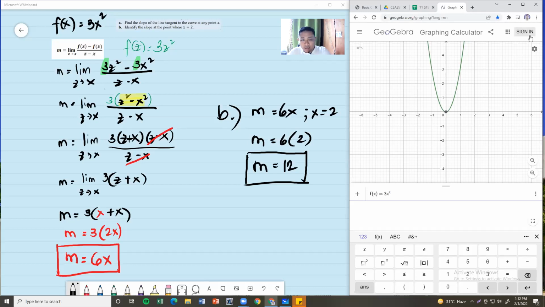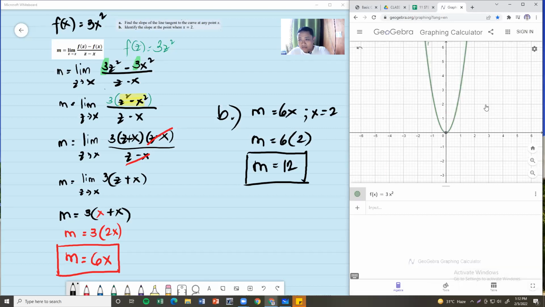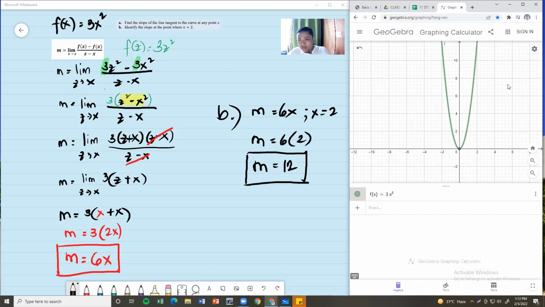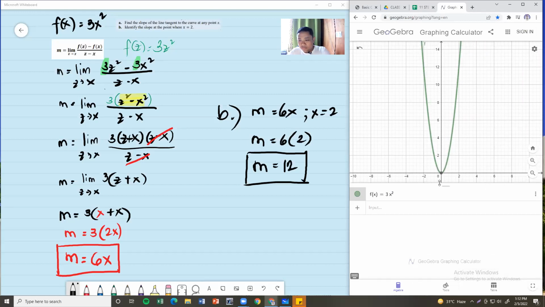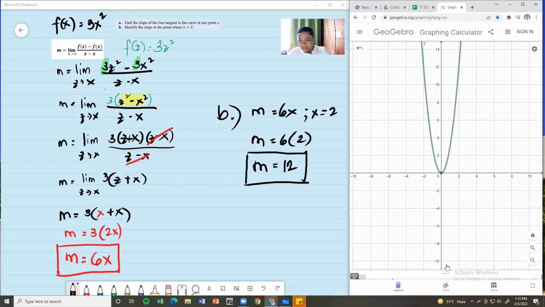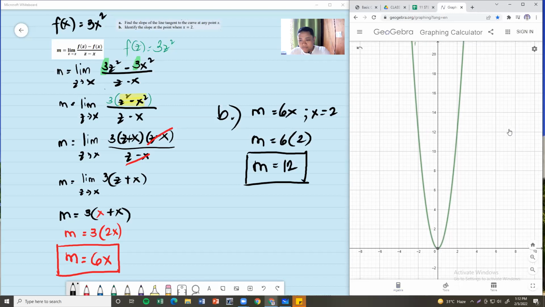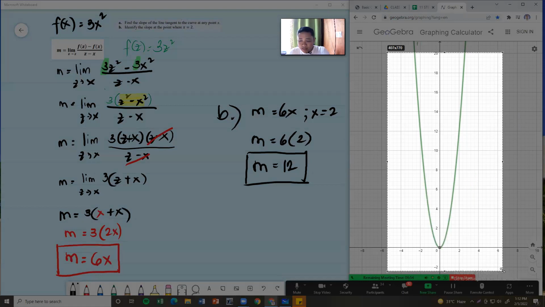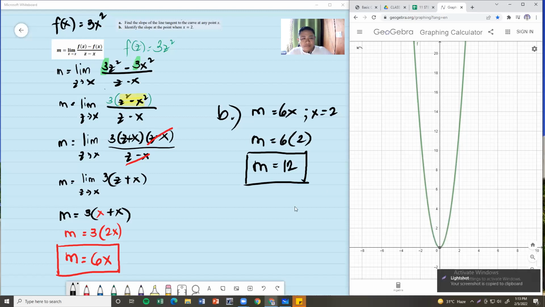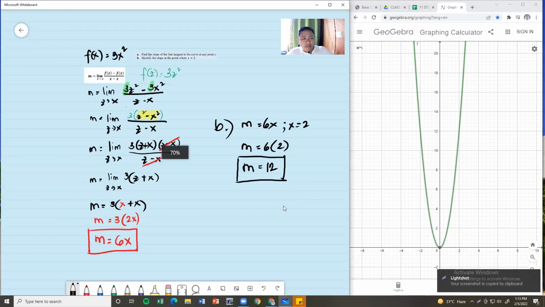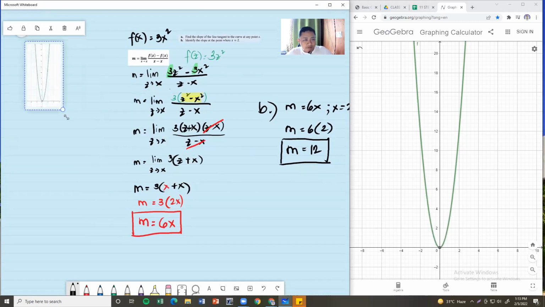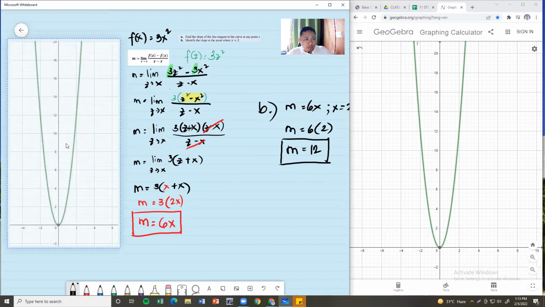And so, let's get this. So, I'll take a screenshot of this. This is just for you to understand what this derivative is all about. Okay. So, having this, let me just put it here. And that is the curve, or the graph, of our f of x, which is 3x squared.